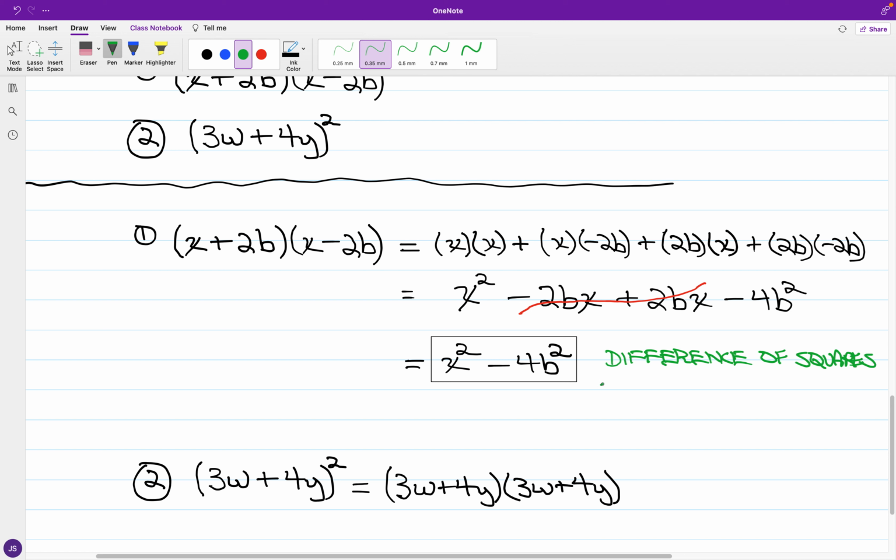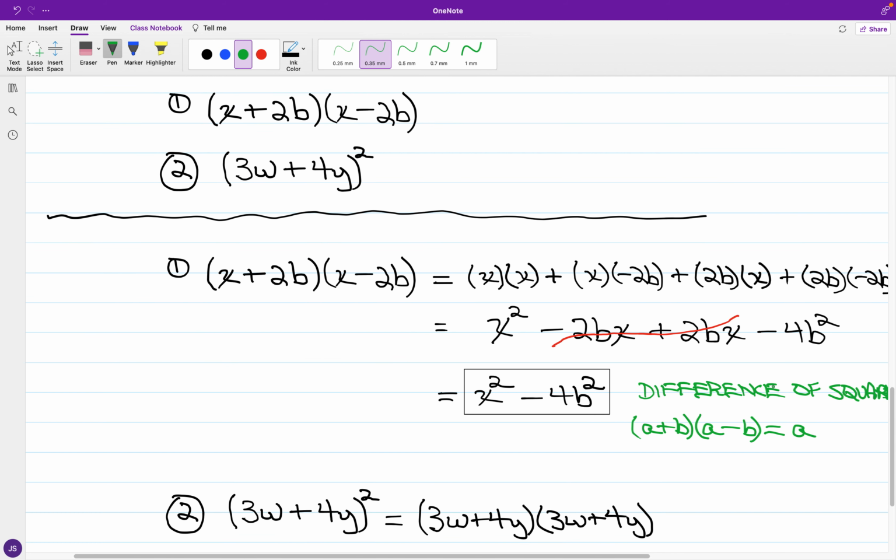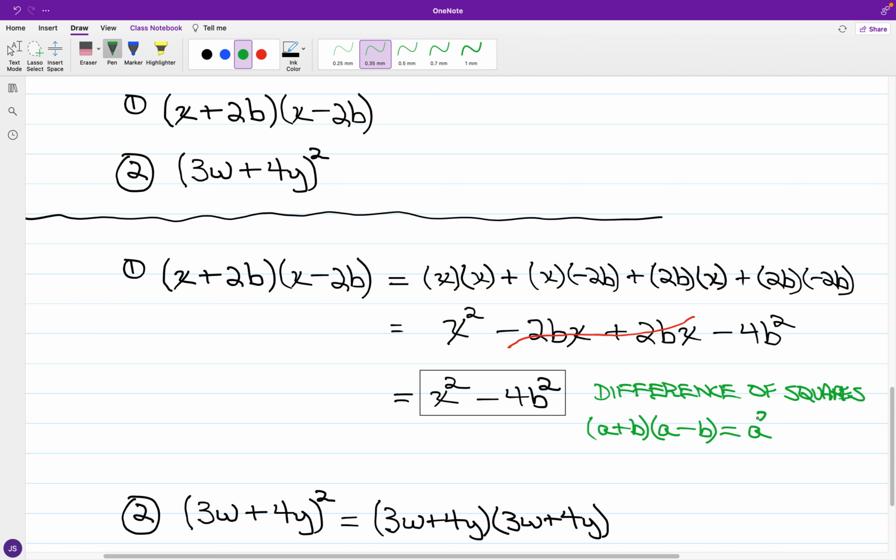And the general formula for the difference of squares is, say if your first binomial is a plus b, and you have almost the same thing except you have subtracting, and foiling out, this is going to basically go to a squared minus b squared. And that is just in the general case.